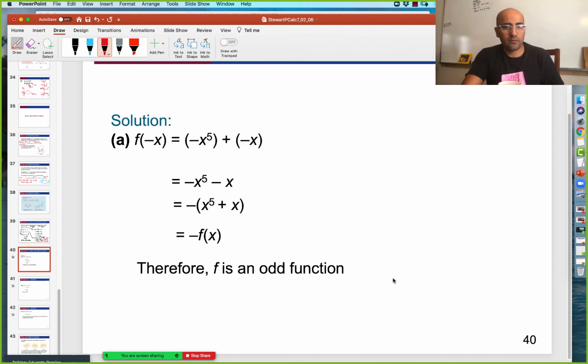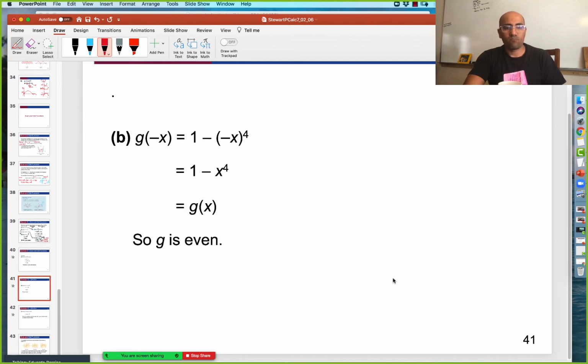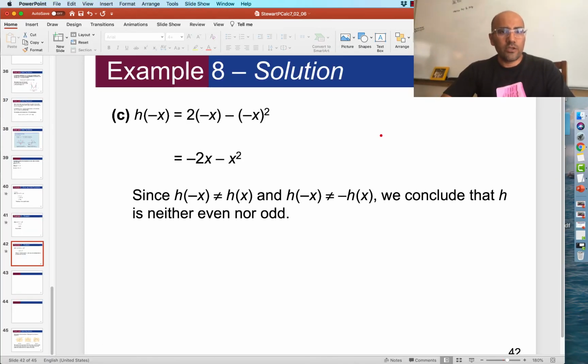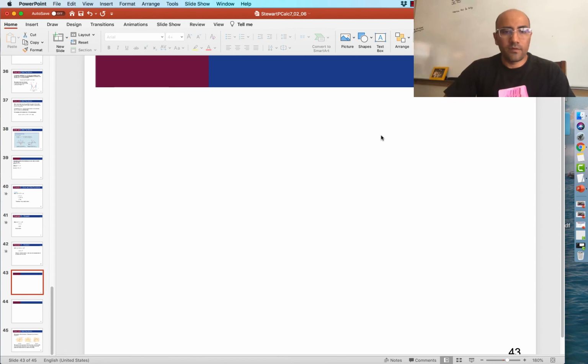So the author did the same thing. We replaced it with negative x instead of negative a, and then factored out a minus, and so we get negative f of x, so it's odd. And we got an even, and then we got a neither. Okay, so then let's do a quick general recap.